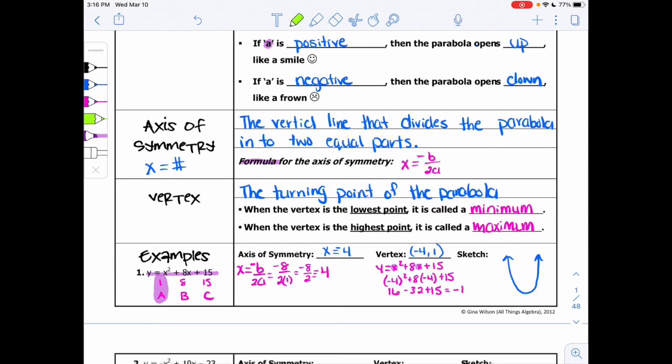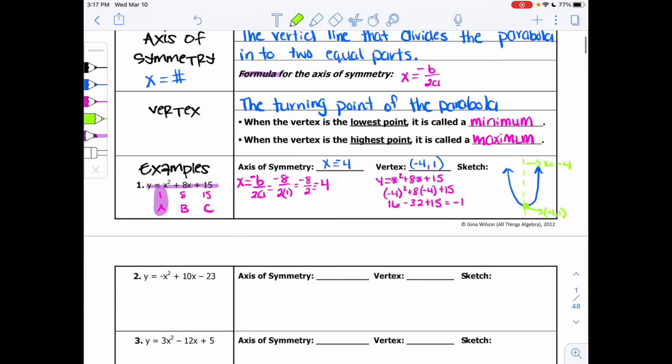Our vertex we calculated is the point negative 4, negative 1. And our axis of symmetry that cuts it in half, we also calculated, is x equals negative 4. So that's basically what our sketch looks like: noticing whether it opens upward or downward, and then labeling those things that we calculated.